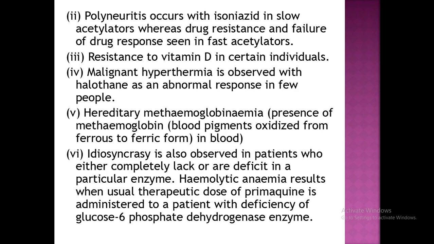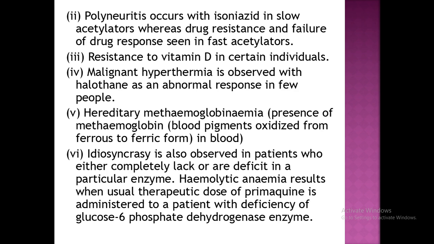Then polyneuritis, that is inflammation of the neurons, occurs with isoniazid, which is an antitubercular drug, in slow acetylators, whereas drug resistance and failure of drug response seen in fast acetylators. Then resistance to vitamin D in certain individuals.